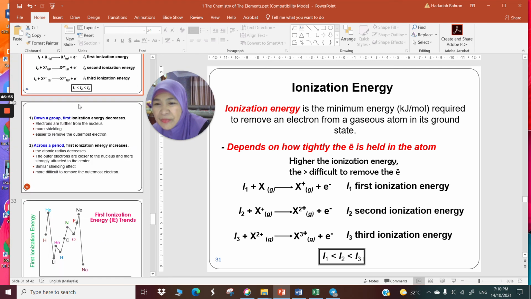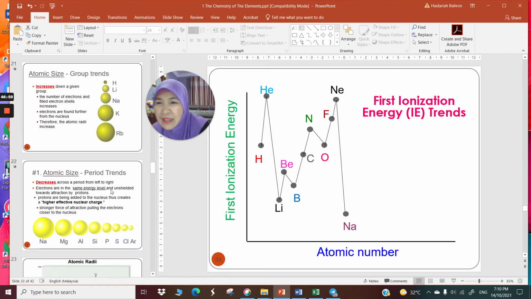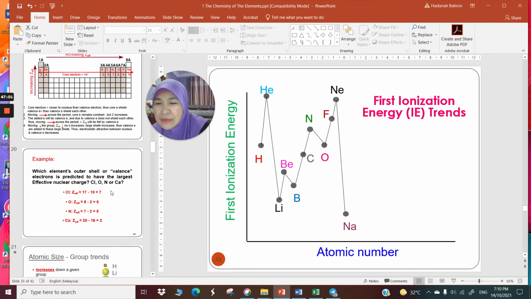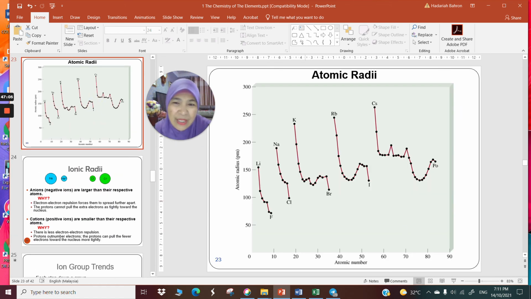The smaller the element, the more difficult to remove the electrons, the higher the ionization energy.